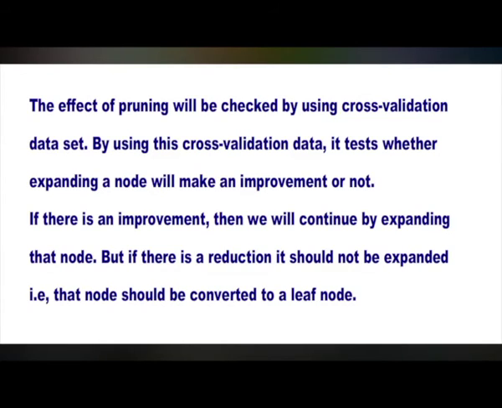By using this cross-validation data, it tests whether expanding a node will make an improvement or not. If there is an improvement, then we will continue by expanding that node. But if there is a reduction, it should not be expanded. That is, that node should not be converted to a leaf node.